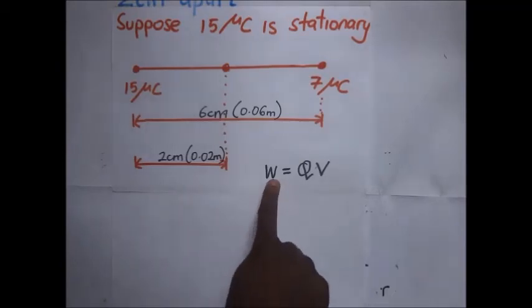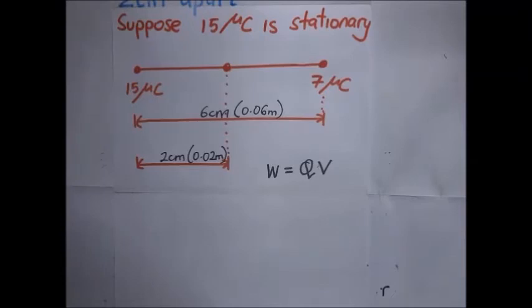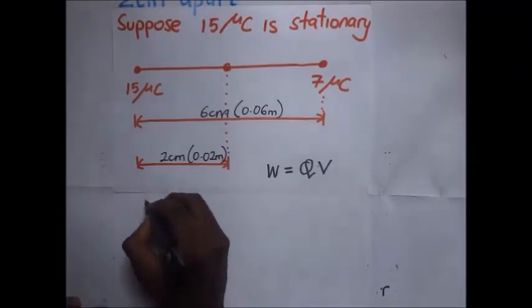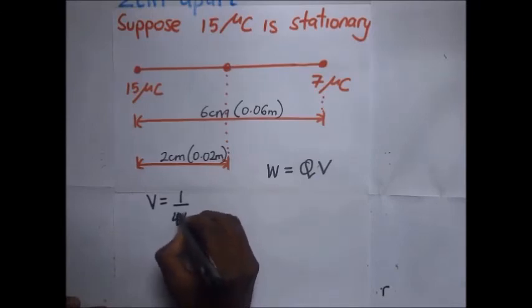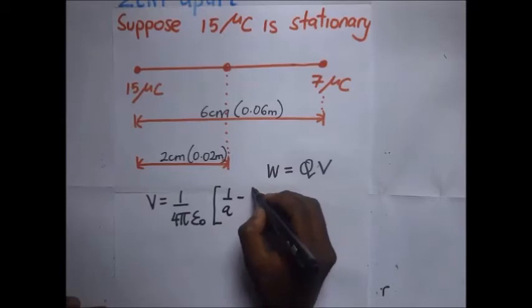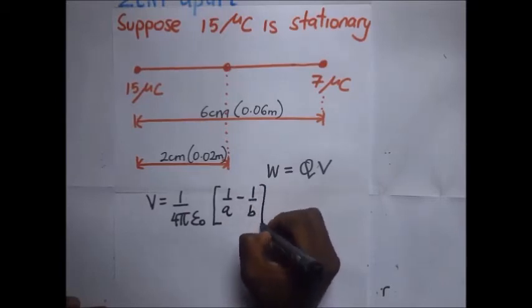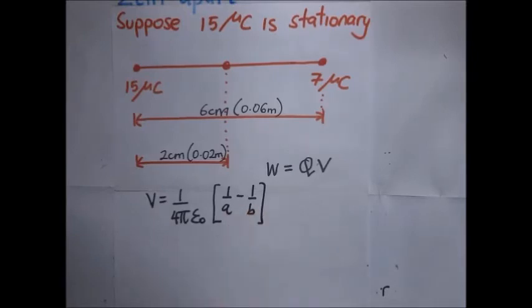We first find the potential V, and from our previous tutorial we derived the expression for potential difference. V is equal to 1 over 4 pi epsilon naught, multiplied by 1 over A minus 1 over B. And we said that A is the shorter distance, B is the longer distance. So what is our value of A in this case?